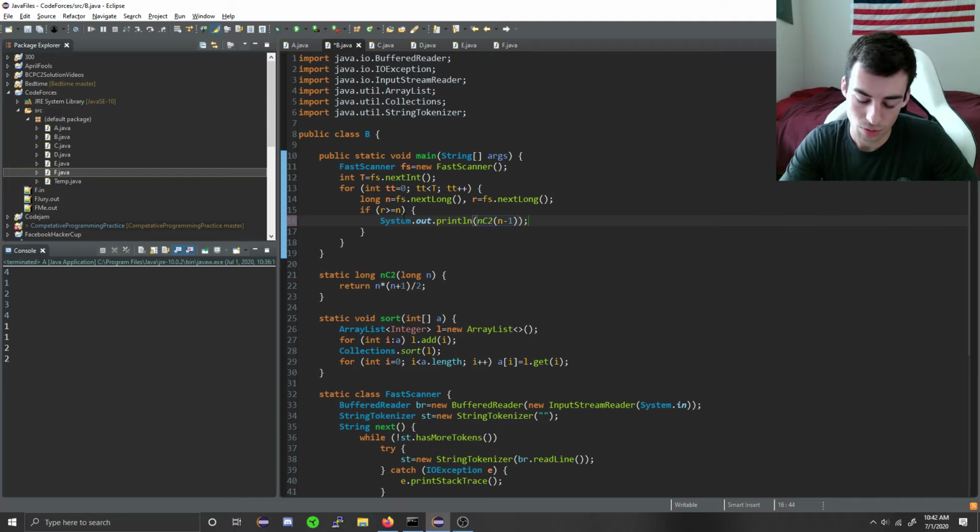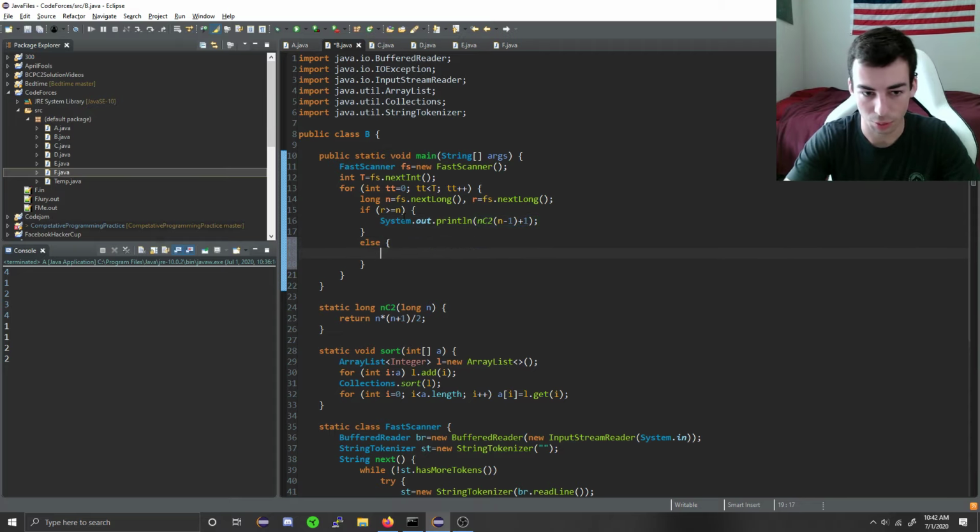And then in addition to that, we have the one way of doing it as well. Otherwise, it's n choose 2 for r. I think that's it.